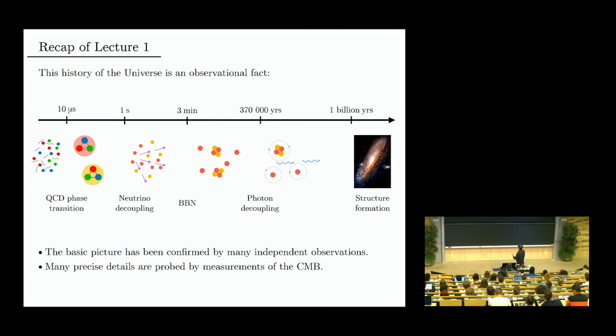Then something very interesting, at least to me: 1 second after the Big Bang, the weak interactions became ineffective, so the neutrinos weren't kept in thermal equilibrium with the plasma. The neutrinos started free streaming, and in fact these neutrinos are still around us as the cosmic neutrino background.